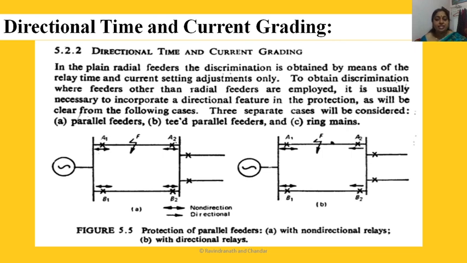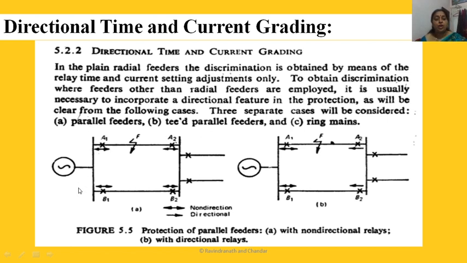In an earlier lecture, we have seen directional relay features and its characteristics. We have also seen time and current grading for radial feeders. Now, why is a directional relay necessary for parallel feeder, teed feeder and ring mains?